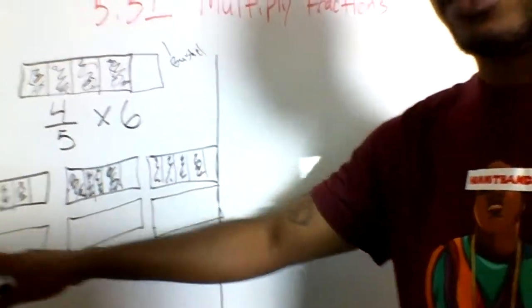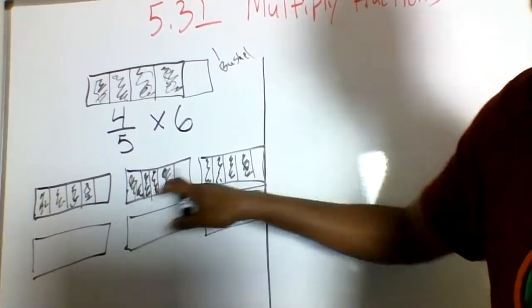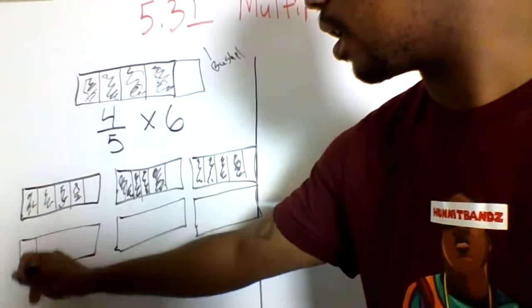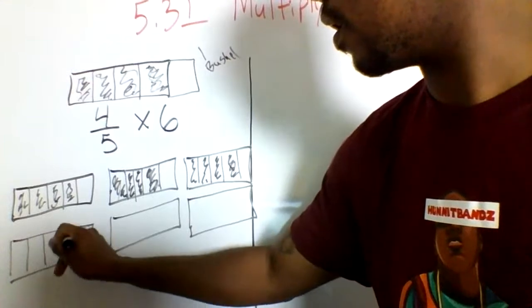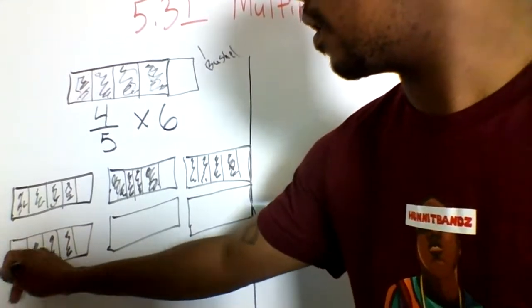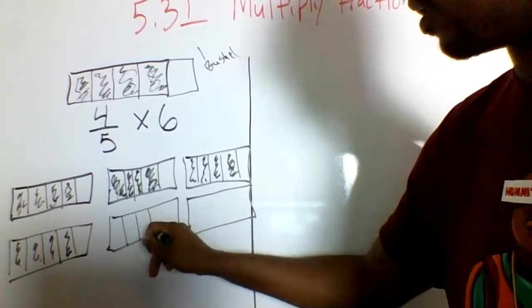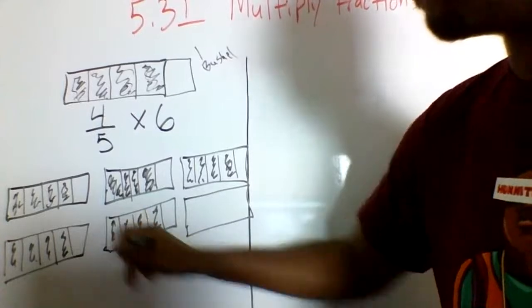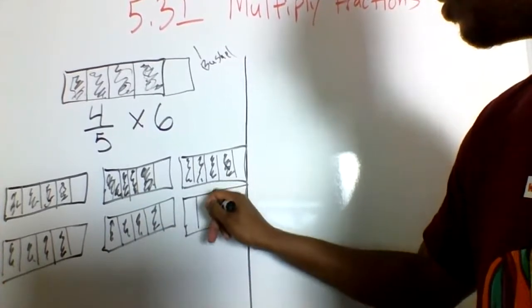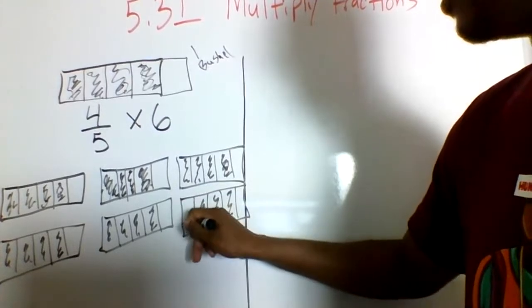So that's 4/5 times 1, 4/5 times 2, times 3, times 4, times 5, and then times 6.